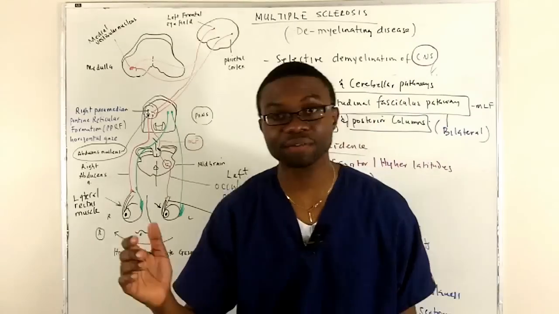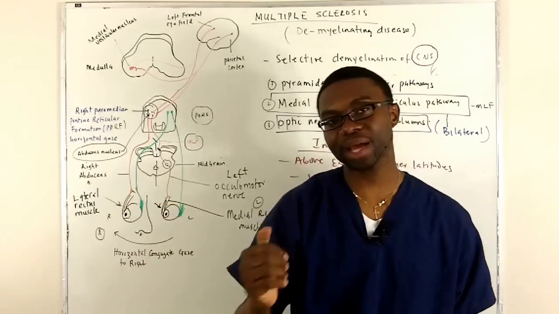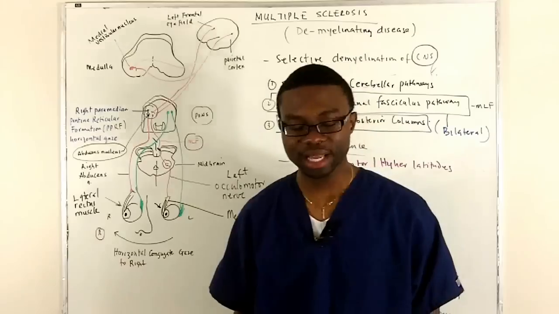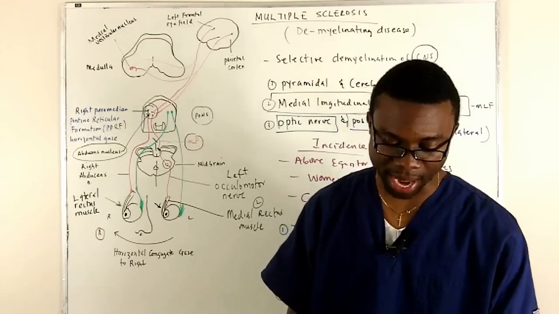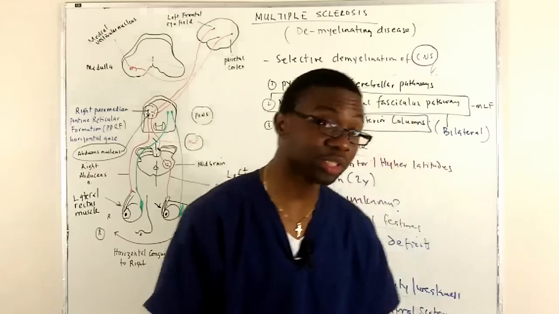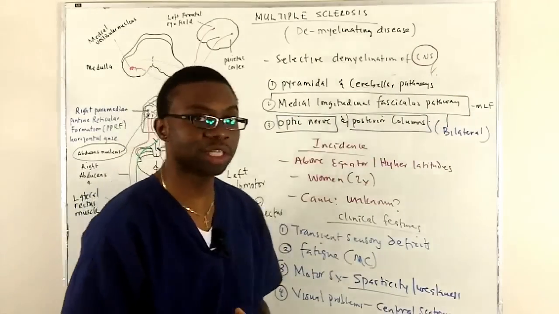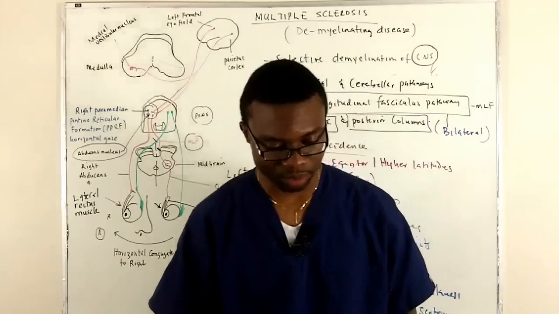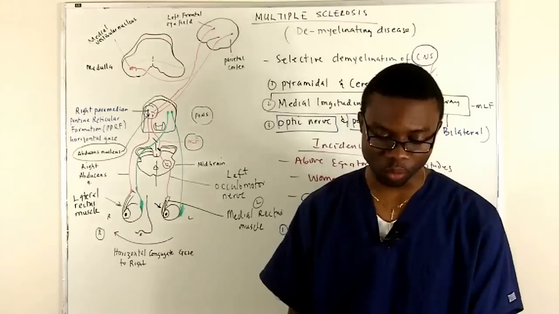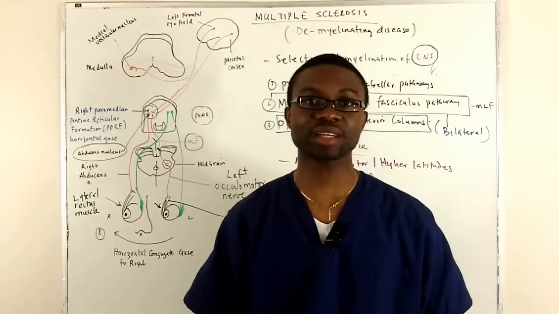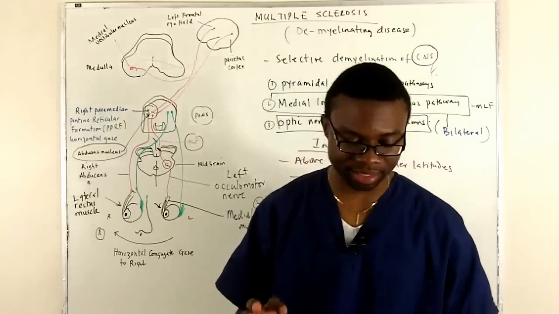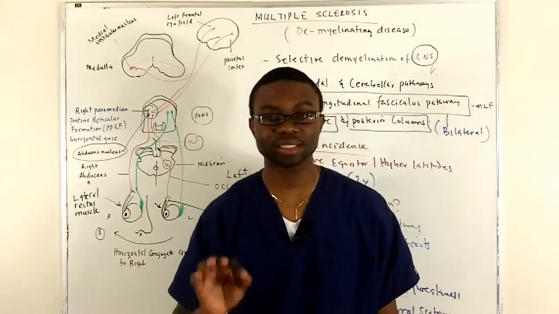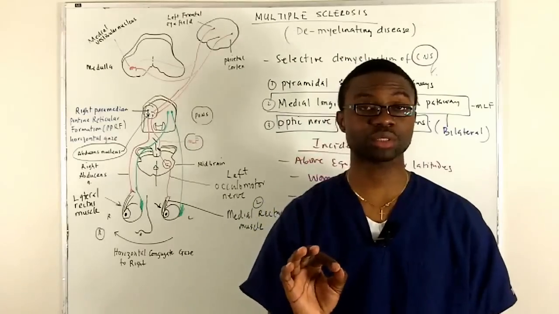When you take a penlight to check the pupillary reflex, they might have decreased pupillary reaction to light. We already talked about ophthalmoplegia, which strongly suggests the diagnosis. If a patient has internuclear ophthalmoplegia, you can guarantee this patient has multiple sclerosis.